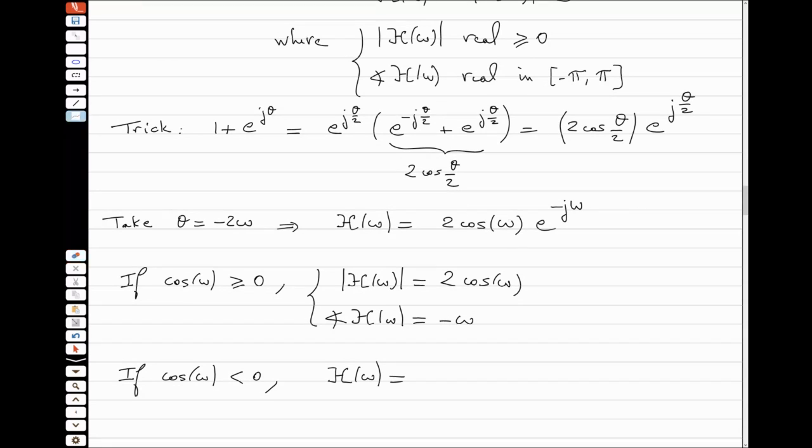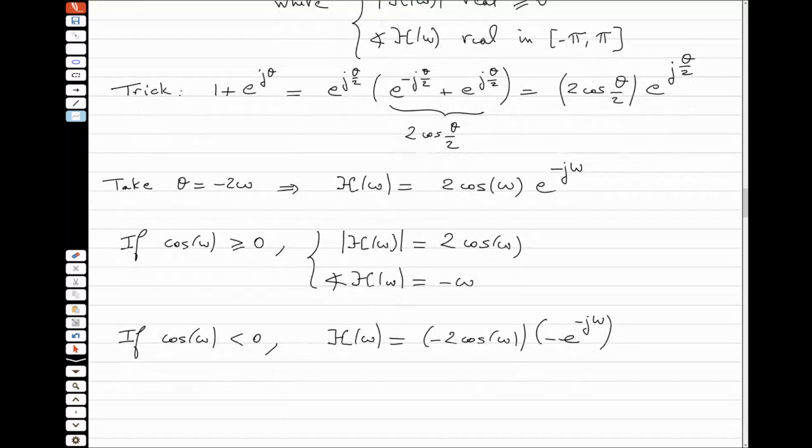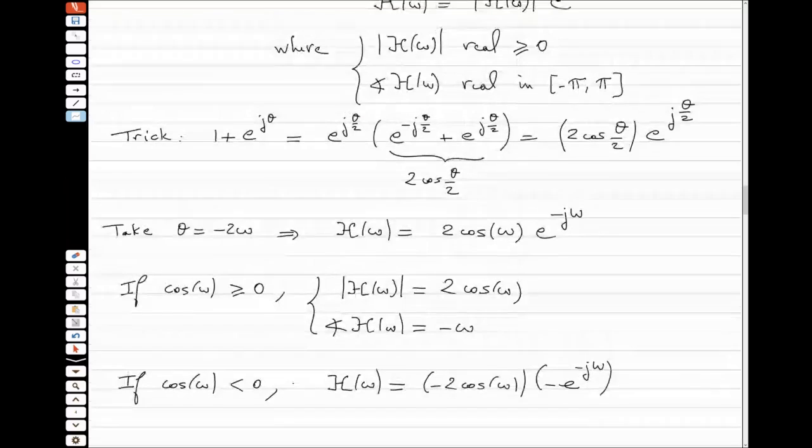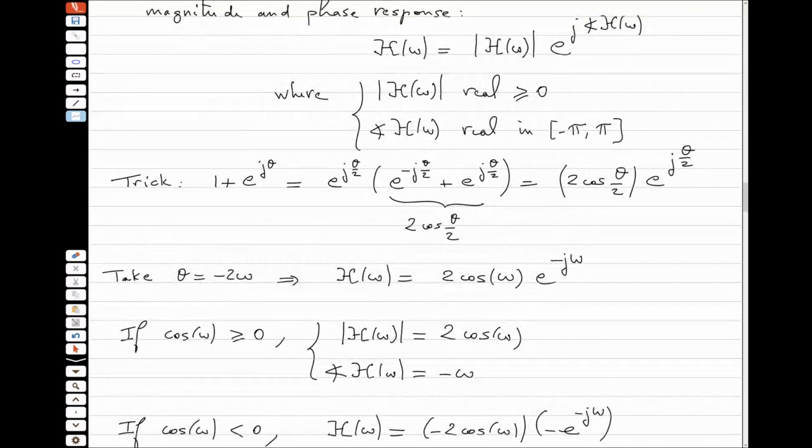I don't like this because it's negative. So you know what? I'm going to make it positive. No, yeah, too easy. You cannot do that, right? However, you can do this. It's allowed, right? But I don't like this because it doesn't. You want to have this form, right? You want to achieve this form, e to the j something.